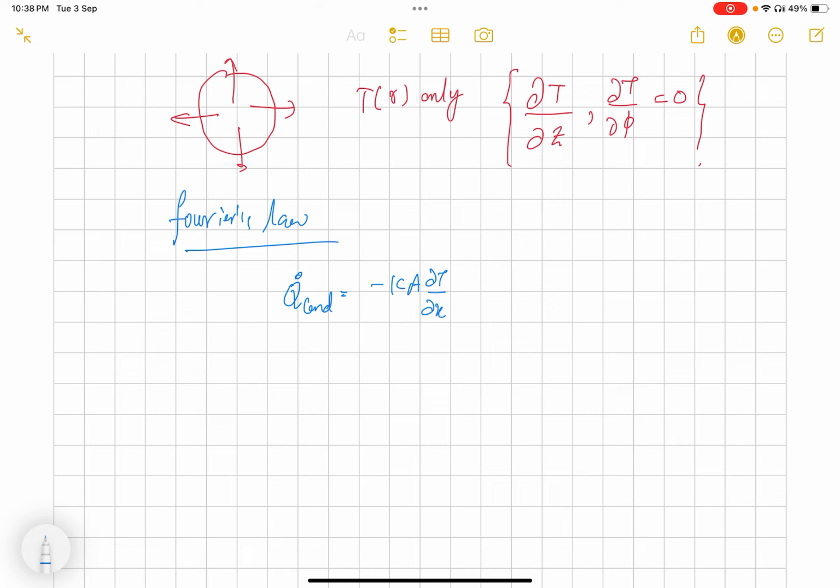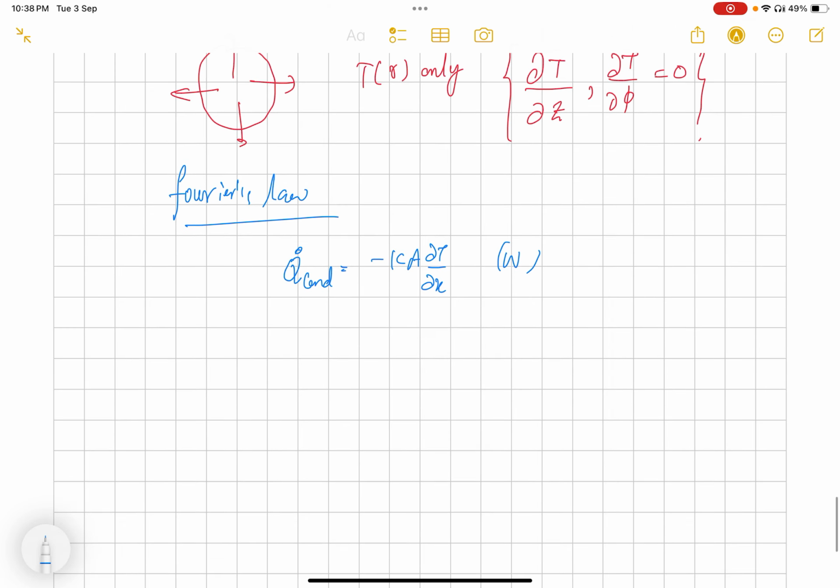And so the negative sign ensures that the heat transfer is positive, and heat is always conducted in the direction of decreasing temperature. And dT by dx is the slope of the temperature profile in the body.